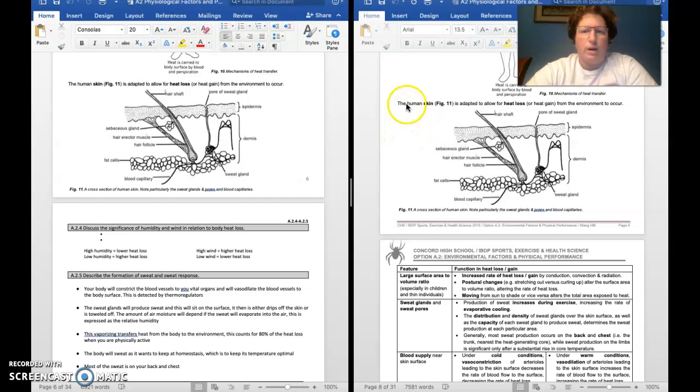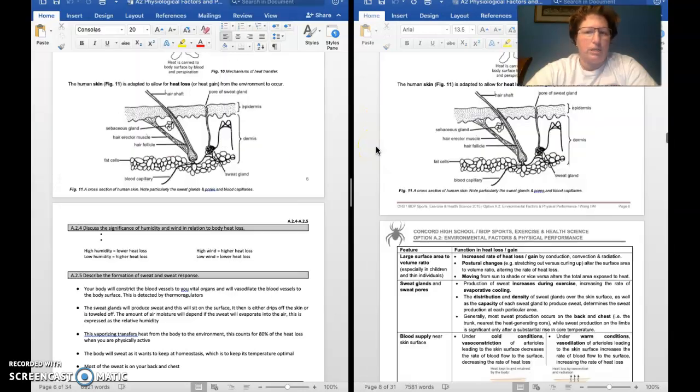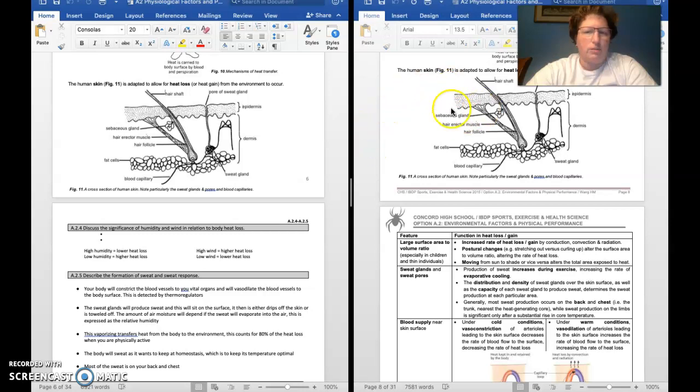All right, we will actually get into more of the functions of the skin in 7.1, which is an HL section. But for the purposes of this, know that the hair shaft relaxes, sweat comes up through the pores, and then it cools the tissue down.